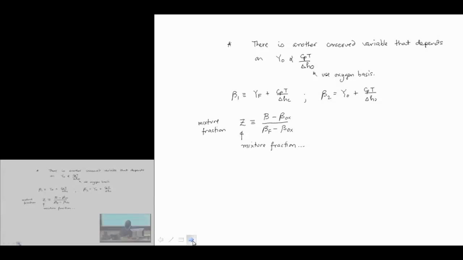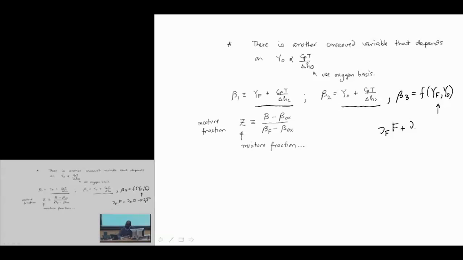So we can construct all sorts of conserved scalars in this system. Another one that couples fuel to temperature, we did. There's one that couples oxygen to temperature, and there's one that couples fuel to oxidant. This one is assumed to take place because of the stoichiometric relationship between the fuel and the oxidant.